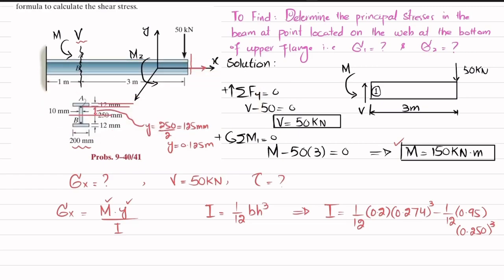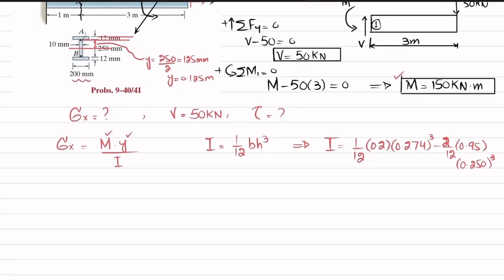And there are two empty portions, one is this one and other is this one, so I will multiply it with 2. So it will be equal to 2 divided by 12. When you calculate it, you will get the moment of inertia, and this I will be equal to 95.4512 into 10 raised to power minus 6 meter power 4.